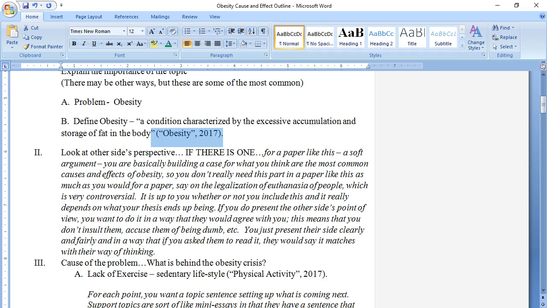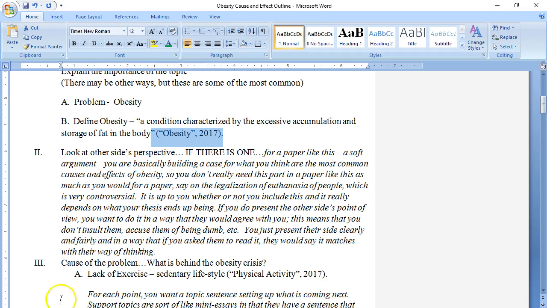That's how you would incorporate a definition of a word from an online dictionary. It's also how you incorporate one from a book. You would just include slightly different information. But most of us use the online method just because it's easily at our fingertips.